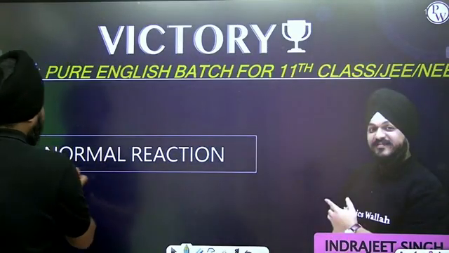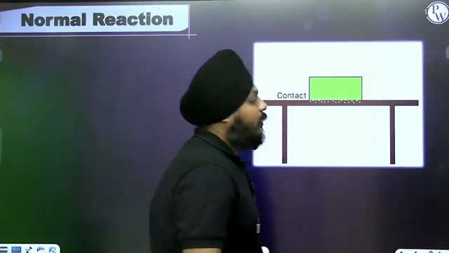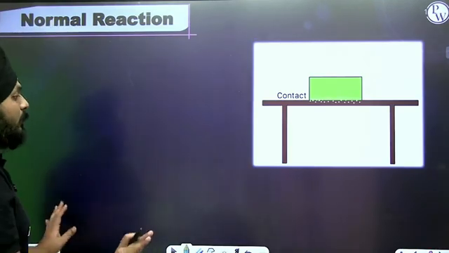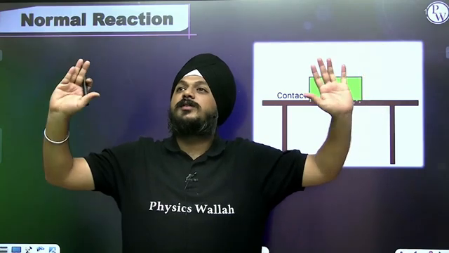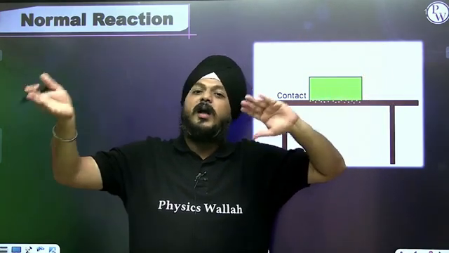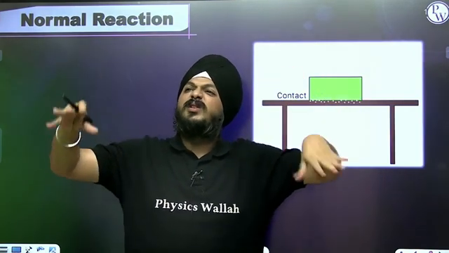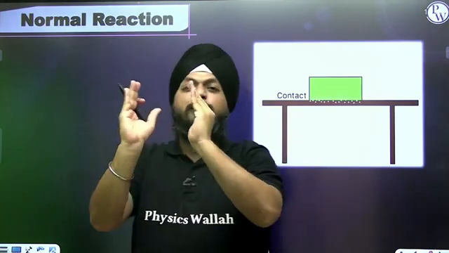First of all, we are going to deal with the normal reaction. Now, this was the fundamentals: the inertia, the classification of inertia, Newton's first law, conservation of linear momentum, which is again going to come back in work, energy and power, and the impulse, which were small things.